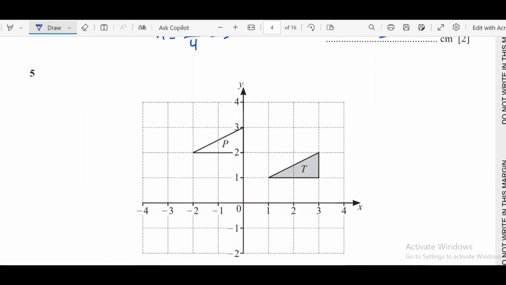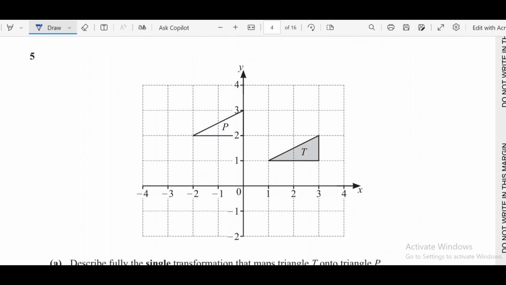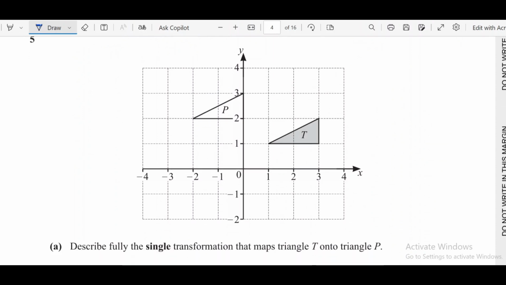All right, now number 5. This is transformation. The A part of this question says describe fully the single transformation that maps triangle T onto triangle P. Now, if we look at this, they face the same direction, and we see that this is a sliding or gliding movement.